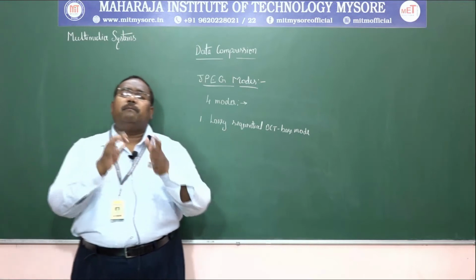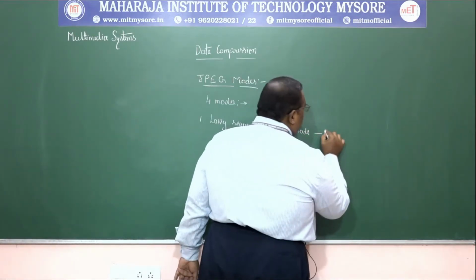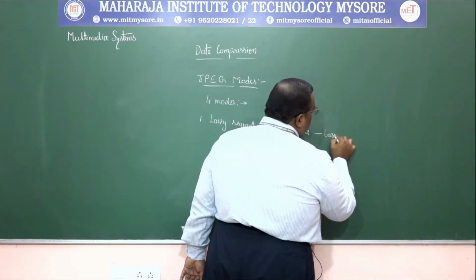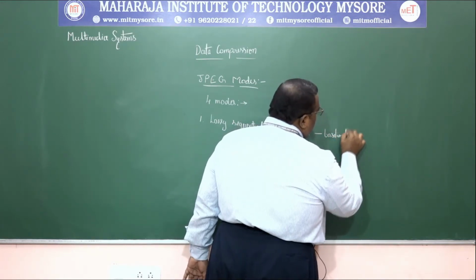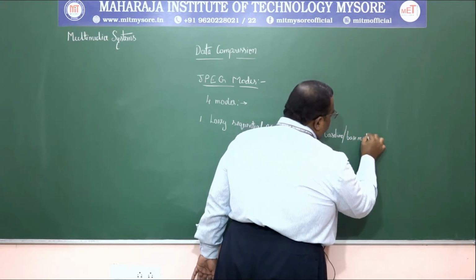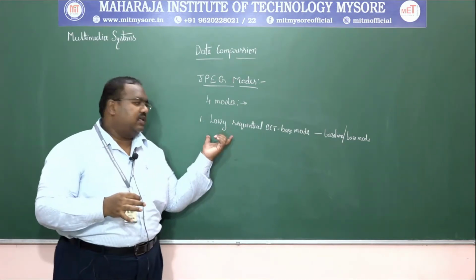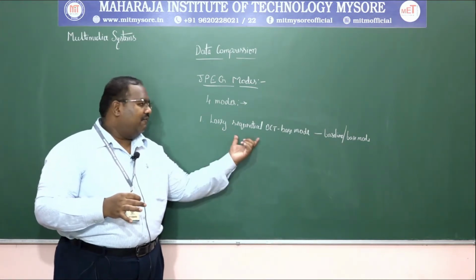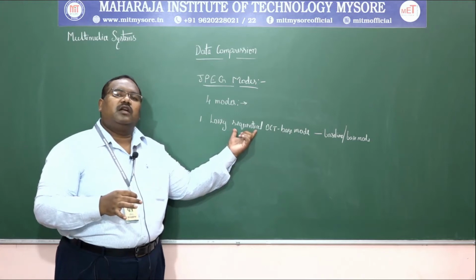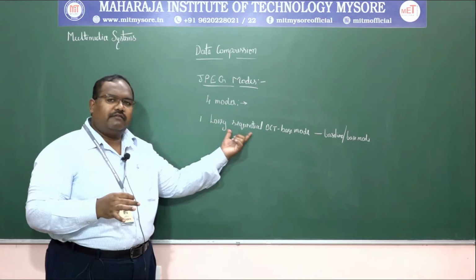It uses the baseline process or base mode. As the name itself suggests, it is lossy. I will define what is meant by lossy, lossless, progressive, and also hybrid, hierarchical and everything later.